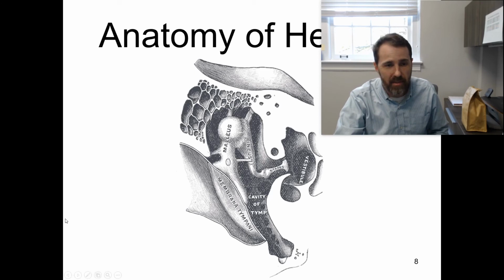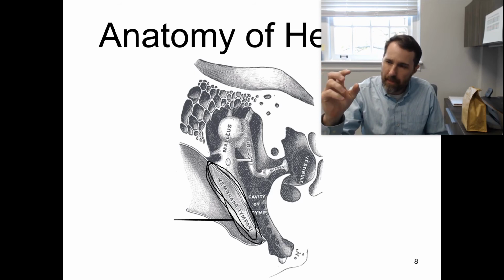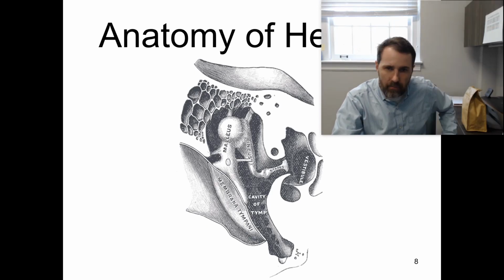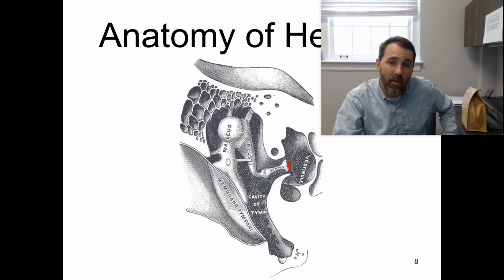And if you look at this image here, you can see that all the energy from this structure right here, the tympanic membrane, which is a larger structure, is concentrated into a much smaller surface area, which is the foot plate of the stapes right there. And the foot plate of the stapes pushes and pulls on an opening to the cochlea that is known as the oval window. And we're going to get to the oval window in a minute.